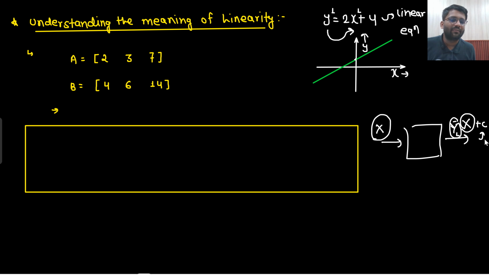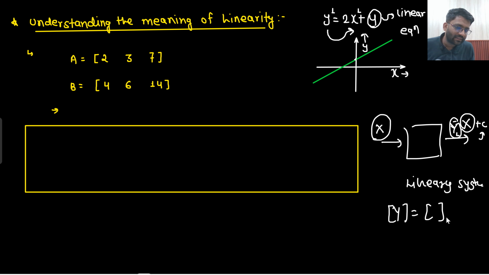What I mean to say is that when we talk about a system, this value should be 0. When we talk about linearity in electronics, this value should be equal to 0. But in mathematics, y equals 2x plus 4 is also a linear equation. But when I talk about a linear system, then my input and output should be related as y equals some constant factor times x.